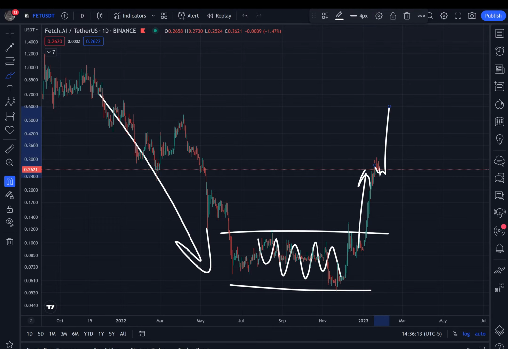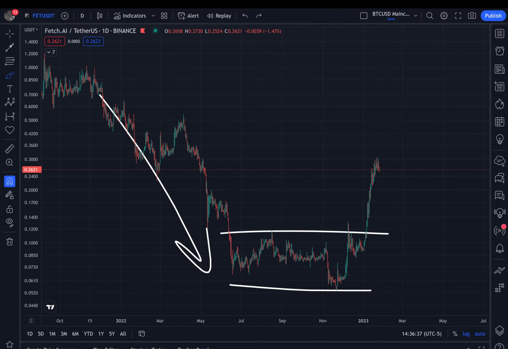I don't know. That's when it's really tricky to make any entries late into a wave progression because it is very risky. This could very well do something like this, or it could do something like this. It's tricky. But this looks very nice.